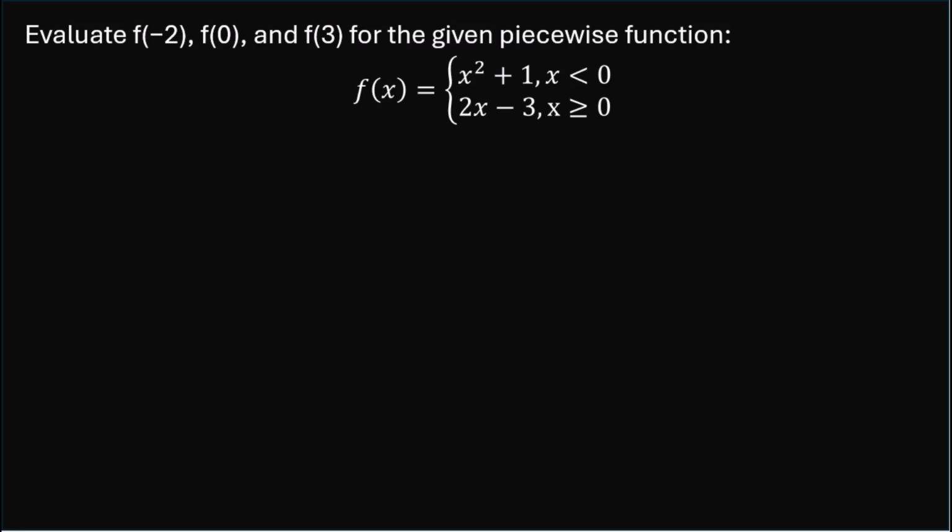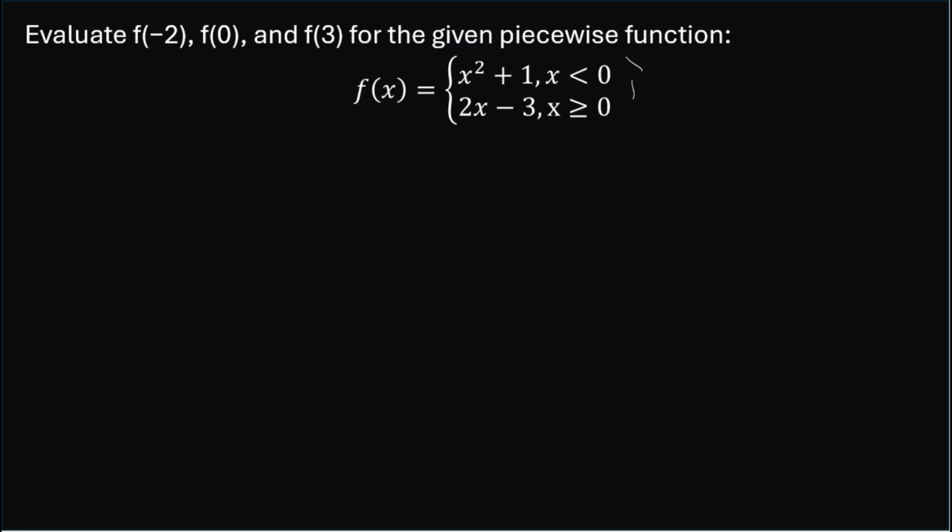So here the combined function, you can see the first one will be x power 2 plus 1 when the x value is less than 0, and the second function will be 2x minus 3 when the x value is greater than or equal to 0.